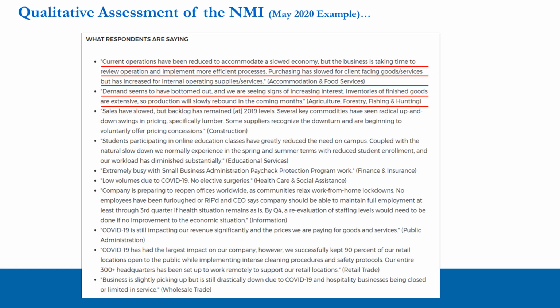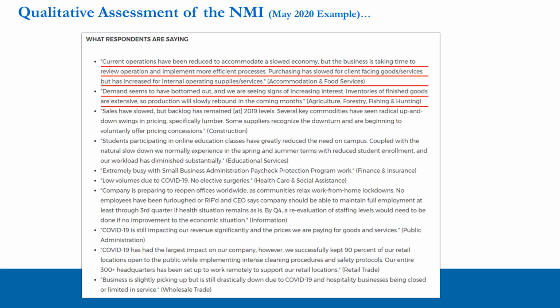So retail trade, COVID-19 had obviously a big impact there. One company here is responding, saying that they successfully kept 90% of their retail locations open to the public, and the 300 plus headquarters has been set up for staff to work remotely to support the retail locations.